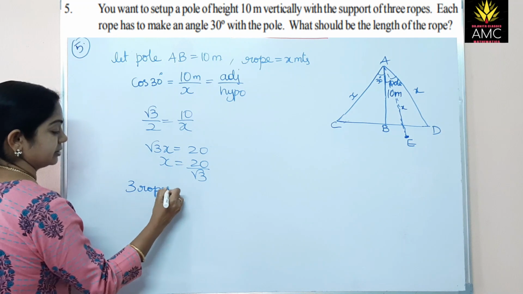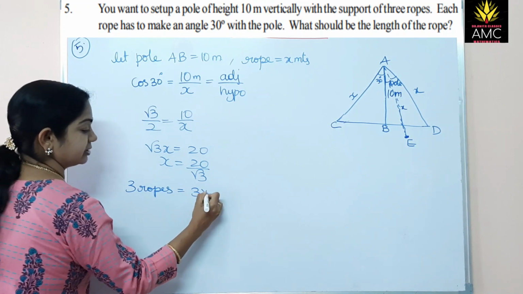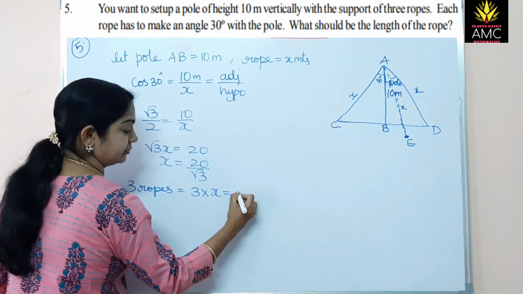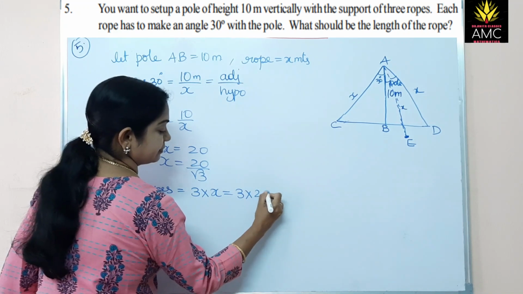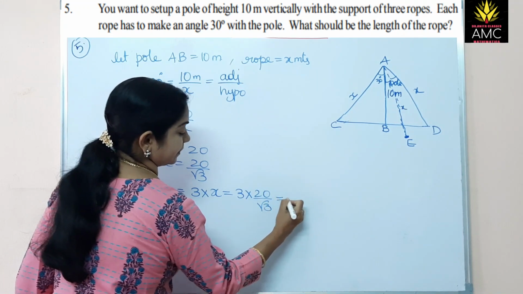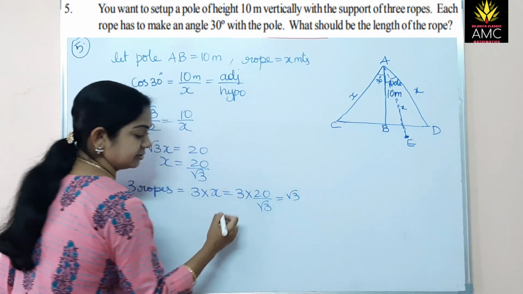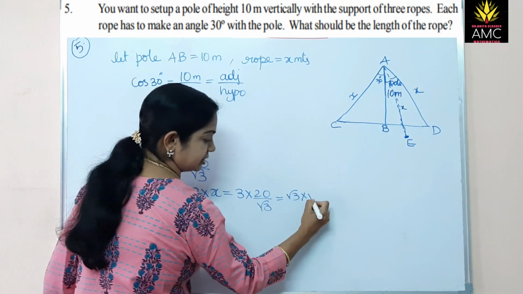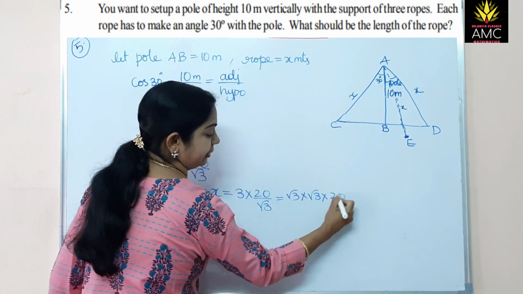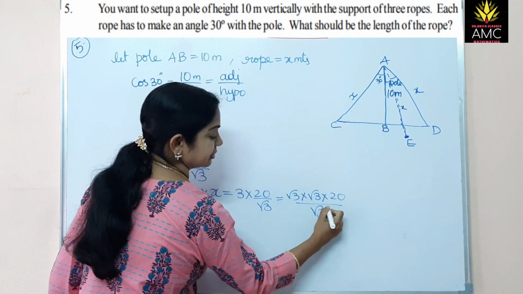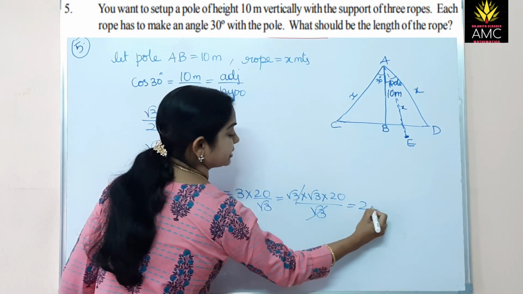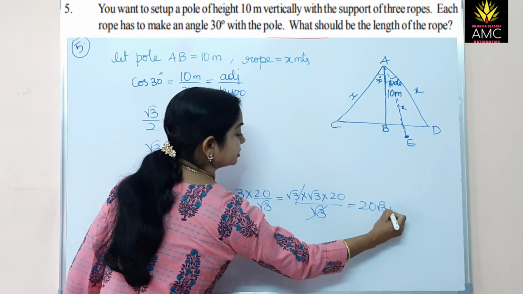So that is equal to 3 into x, that is 3 into 20 by root 3. I can write 3 as root 3 into root 3, so that comes to 20 root 3.